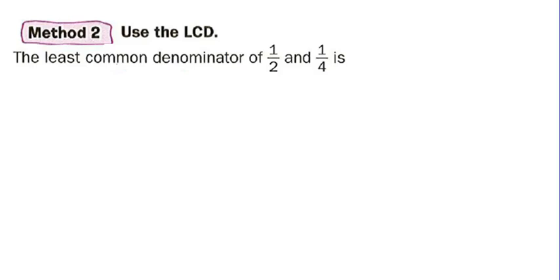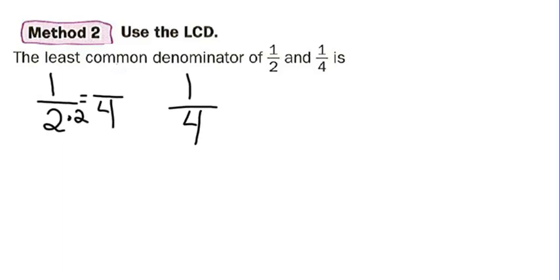All right? So in this case, we have 1/2 and we have 1/4. Sometimes it jumps right out at you. Like I look at this and I can easily see the common multiple they share is the number 4. I can take this 1/2 and I can make that into a 4 by simply multiplying it by 2. Do that to the top and the bottom.